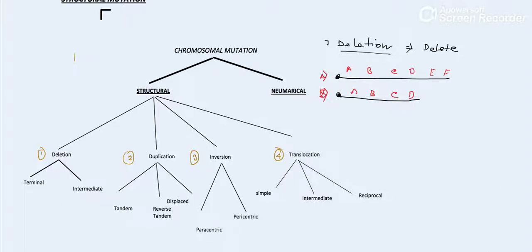Or you can say figure A and figure B show that figure A contains 6 genes on the chromosome, but figure B contains only 4 genes. From that we can easily say that the E and F genes are completely out of this chromosome.